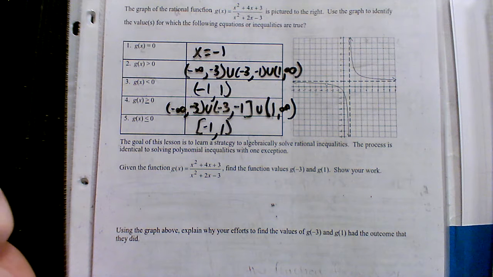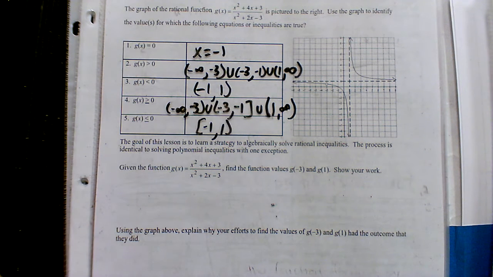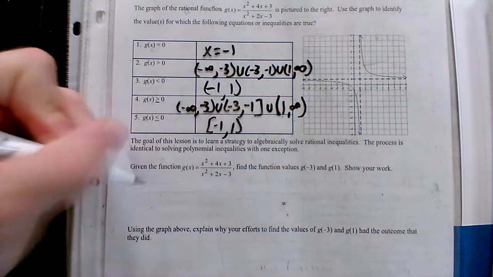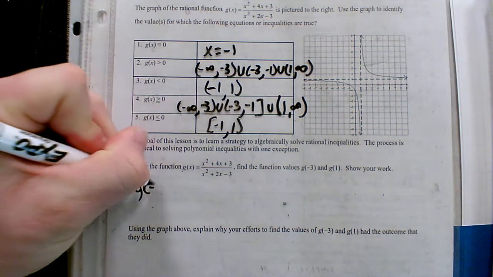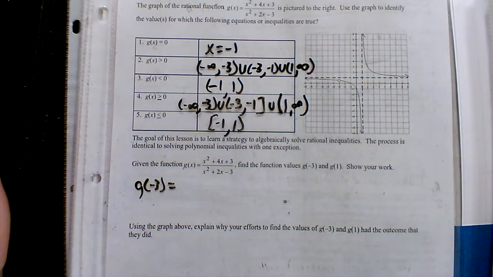The process is identical to solving polynomial inequalities with one exception. Given the function g of x, so this function from up above, find the function values g of -3 and g of 1, show your work. So here, all they want us to do is plug in g of -3, and we're going to show our work for this one.